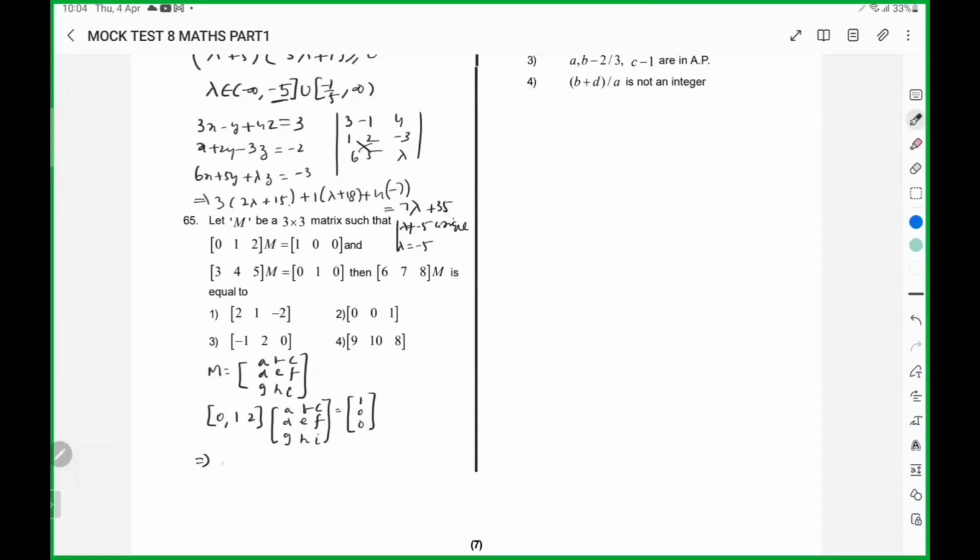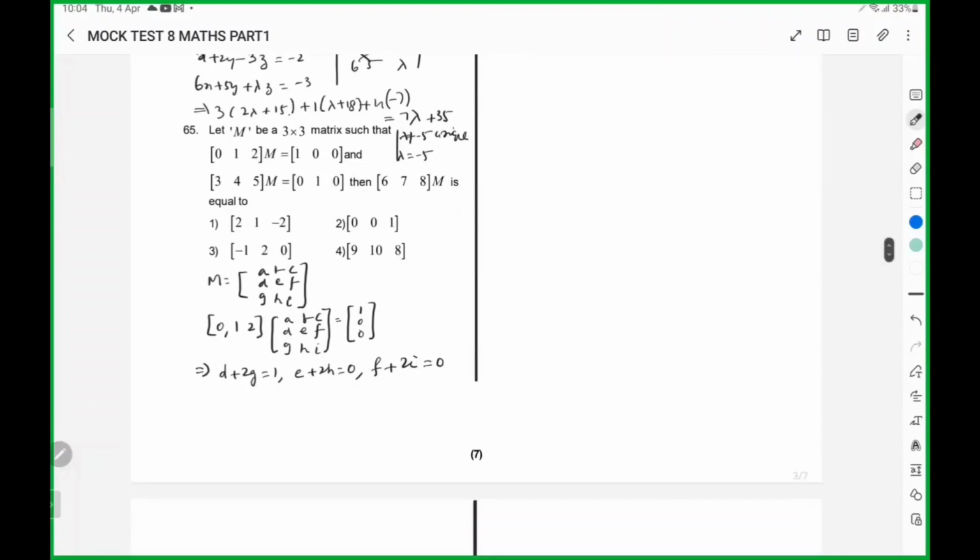From this we can say D plus 2G is 1, E plus 2H is 0, F plus 2I is 0. Similarly, for 3, 4, 5, M times this gives 0, 1, 0.